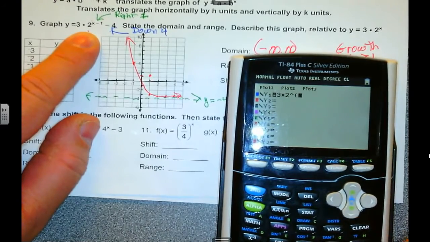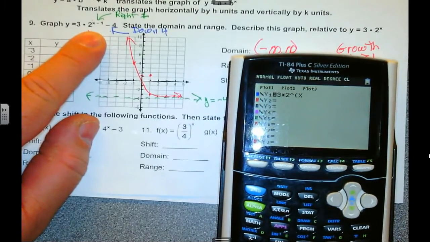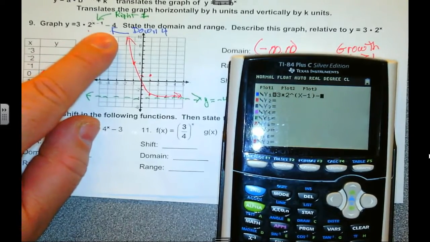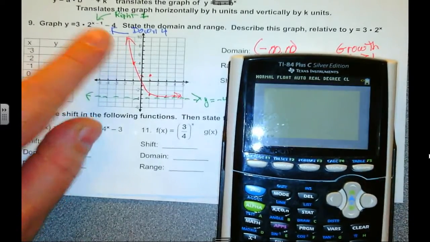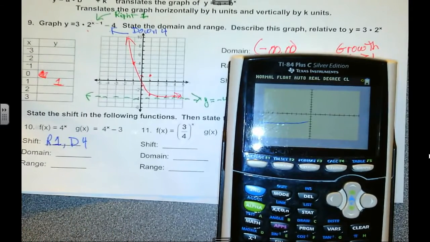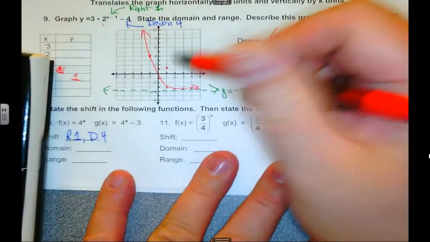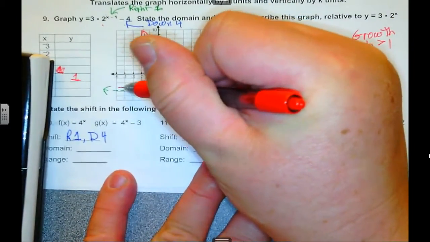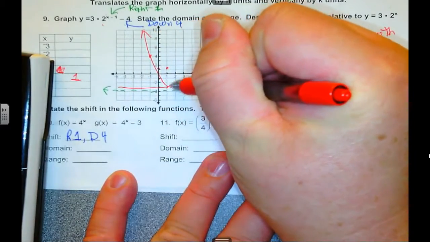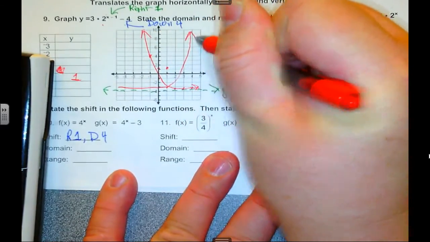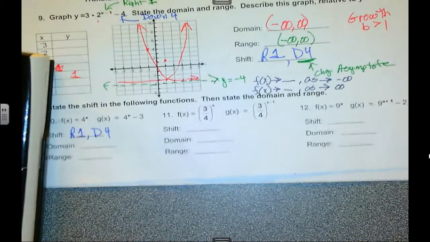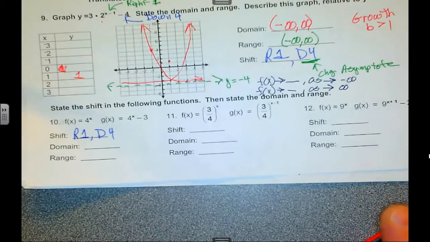Raised to the parenthesis x minus 1, okay, minus 4. Graph it. Oh, it's growth. I did it wrong. My fault, big shot. Oh, look at that. What a perfect parabola.